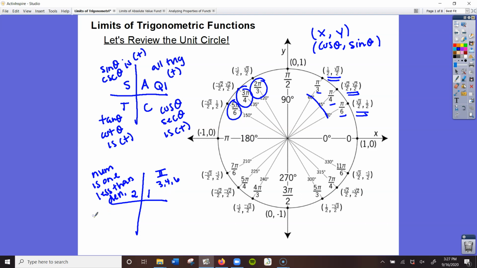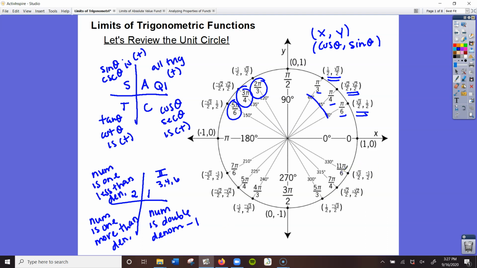In quadrant 3, the numerator is 1 more than the denominator. So if the denominator is 6, the numerator would be 7 pi. And that's the pattern. In quadrant 4, the numerator is double the denominator minus 1.